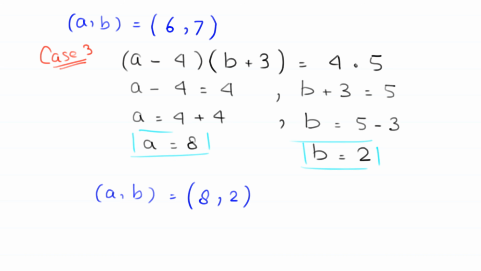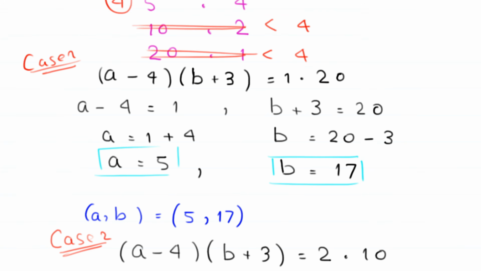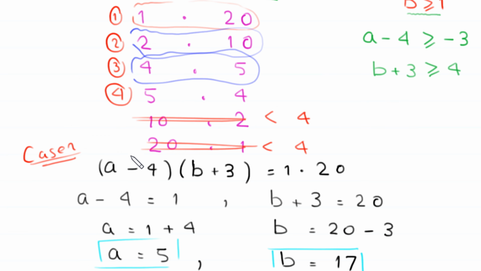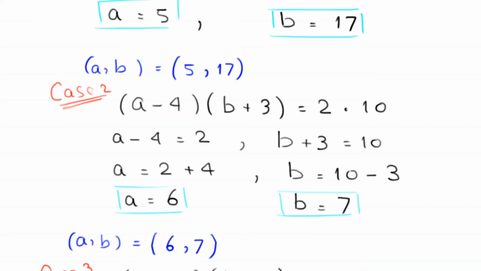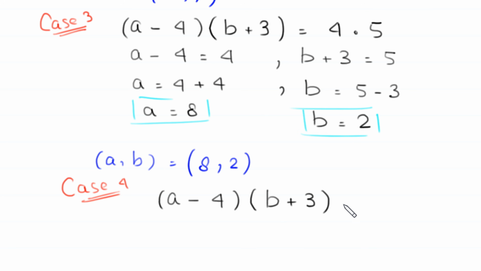Now we move on to case number 4. In case number 4 we have 5 times 4. In case number 4 we write this expression (a minus 4) times (b plus 3) equal to 5 times 4.